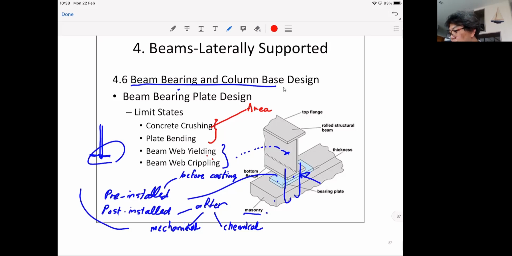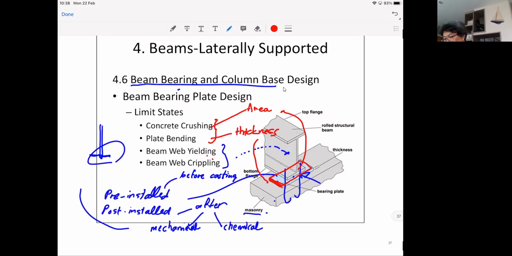Once you know the area of the plate, you know the size of the plate. The next is to calculate the thickness of the plate so that your plate will not fail under bending if it's thick enough.